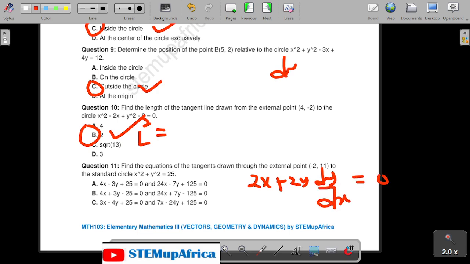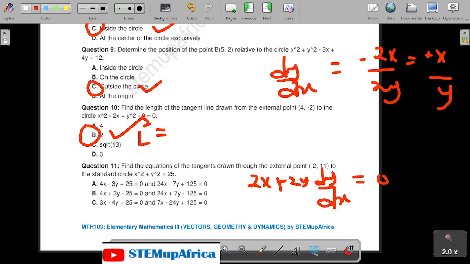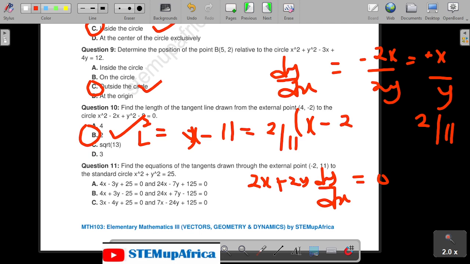So our dy/dx will give us minus 2x over 2y, which is simply minus x over y. They give us the point minus 2 and 11, so the gradient is 2 over 11. So if you apply the formula y minus y1, which is y minus 11, equals 2 over 11 times (x minus 2).